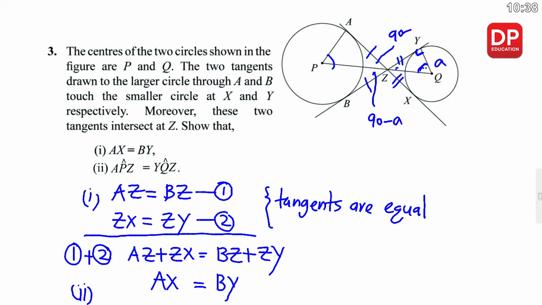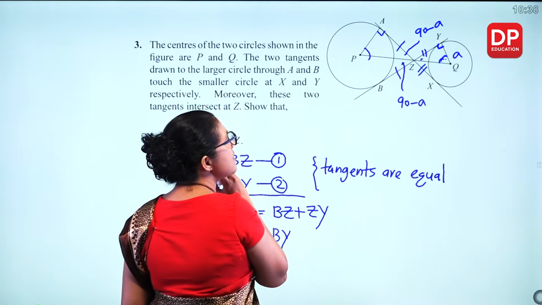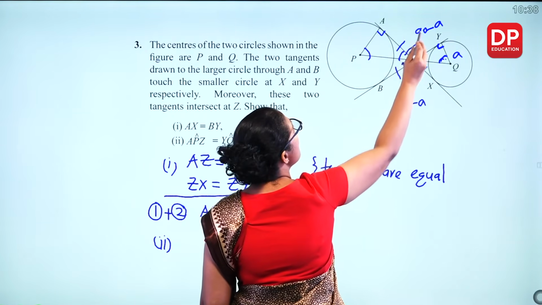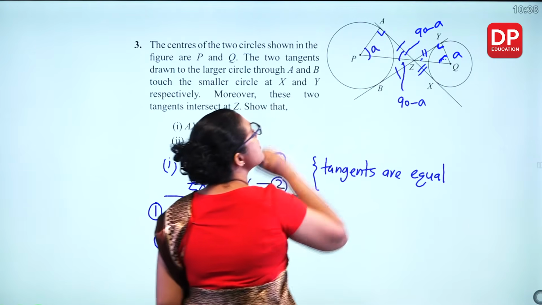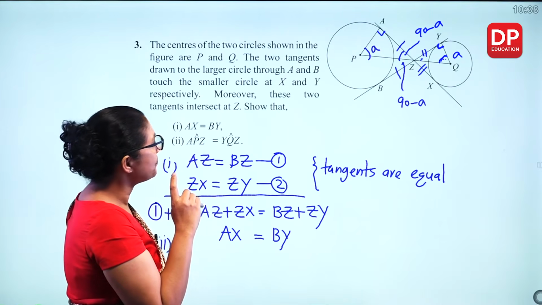So this is 90 minus A. And we know this is 90 degrees. So 90 minus A, this is 90. This becomes A. So that's what you have to do.